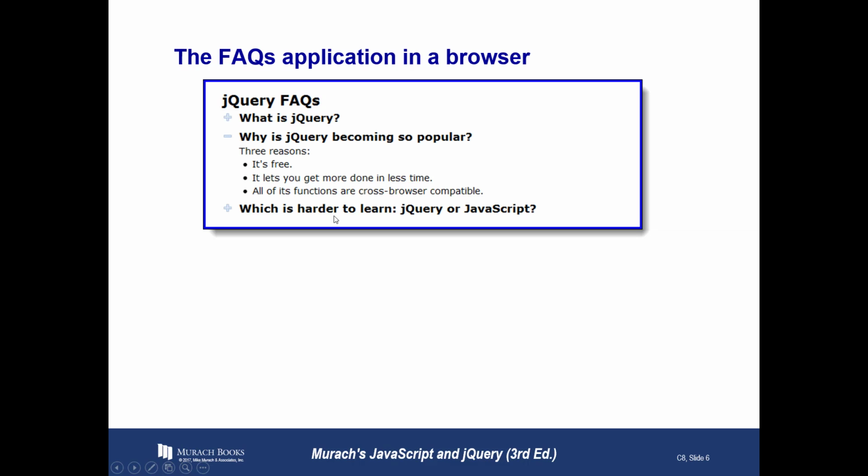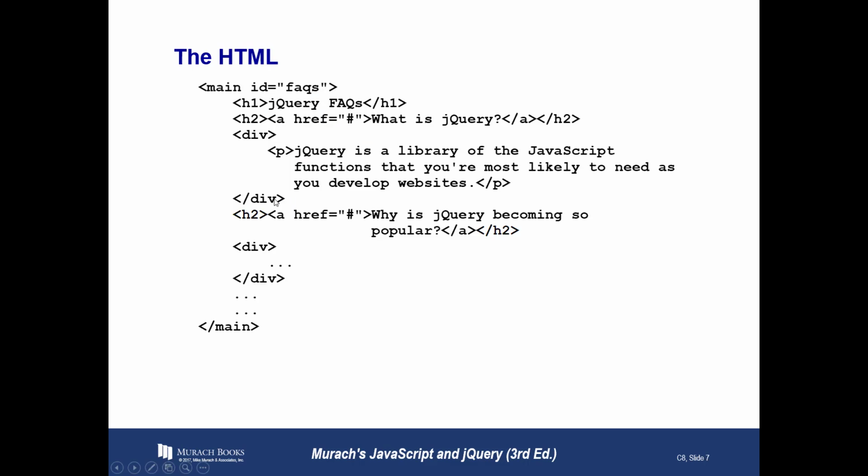Here's an example of how you can use jQuery. Now, we've done things like this before, creating an FAQ or a frequently asked questions page. You can do this virtually solely in CSS. You can do this solely in JavaScript. But doing it in jQuery will typically result in much, much less code. So here's the HTML.